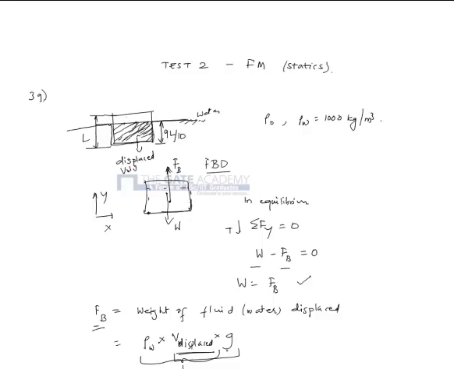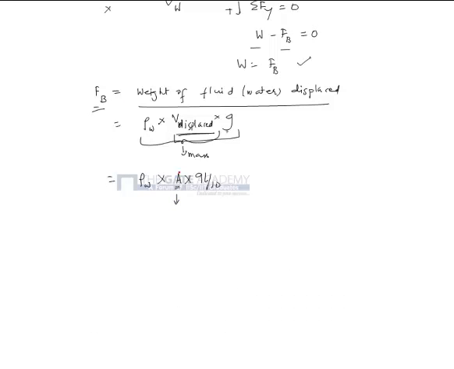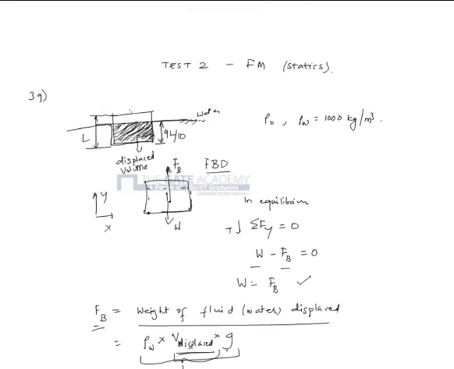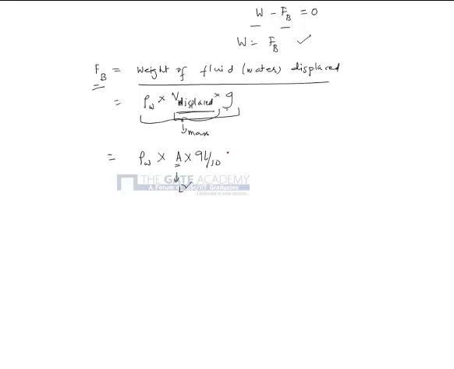So it's ultimately how much water can fill in this displaced volume, and the weight of that water is nothing but the weight of the fluid that is displaced by this solid. Okay, so area of cross section, because it's a cube, if you look at from the side view, this area of cross section will be my L square into G. So this is my buoyancy force.